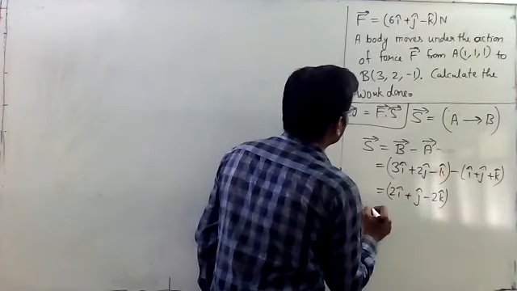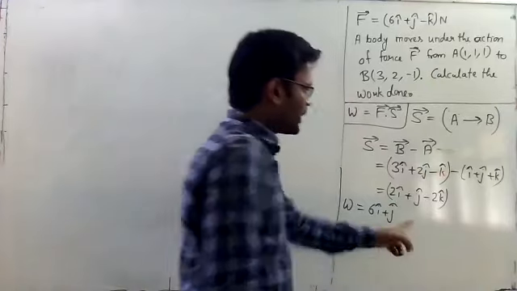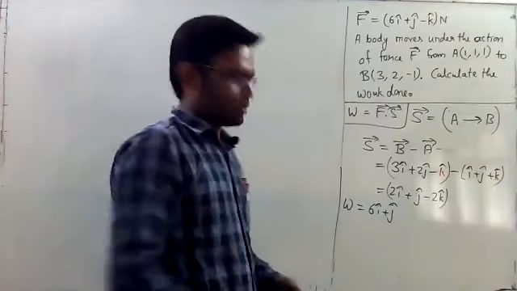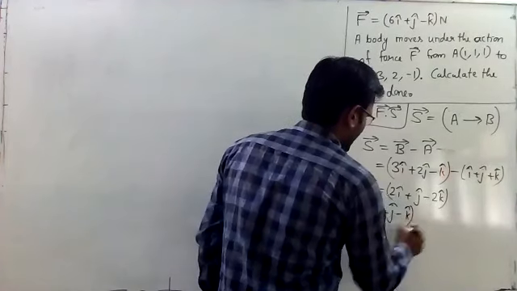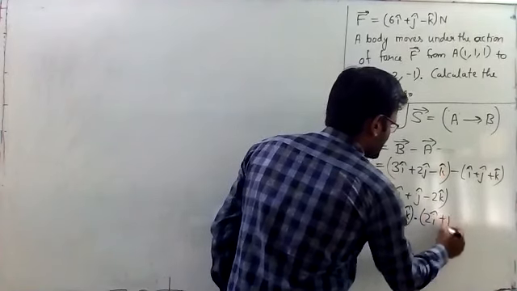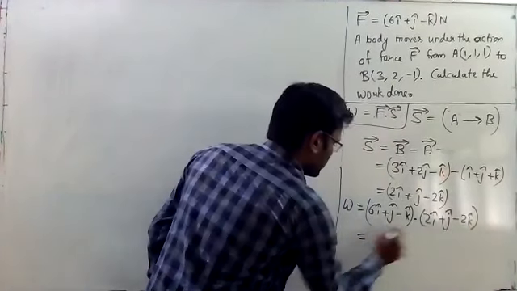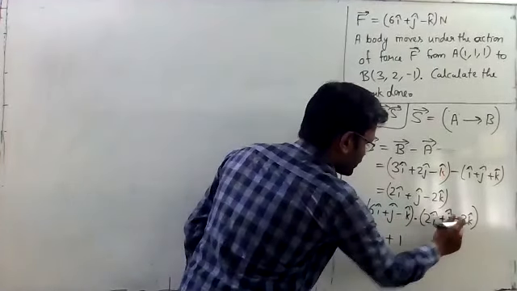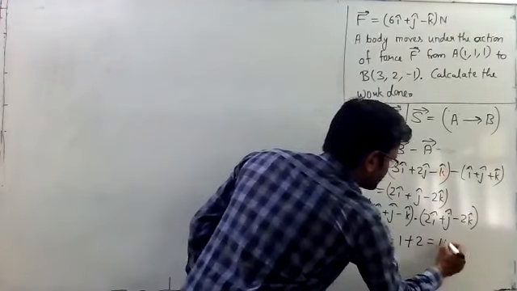Now work done is equal to F dot S, and F is 6 i cap plus j cap minus k cap dot 2 i cap plus j cap minus 2 k cap, that is equal to 12 plus 1 into 1 is 1, minus minus plus 1 into 2 is 2. So that is 12 plus 3 is 15 joule, the answer.